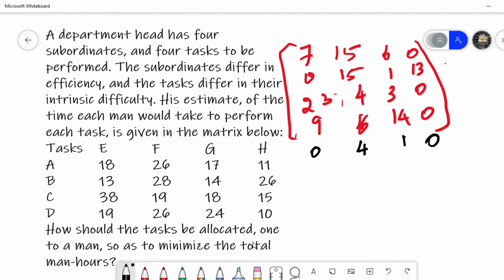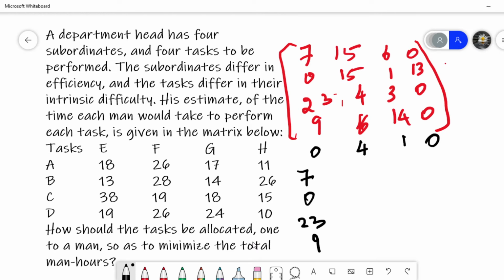Now we are going to subtract this value from each cell value. In the first column the smallest element is 0, so subtracting 0 from each cell value, it remains the same: 7, 0, 23, 9. In the second column the smallest element is 4, so we subtract 4 from each cell value.